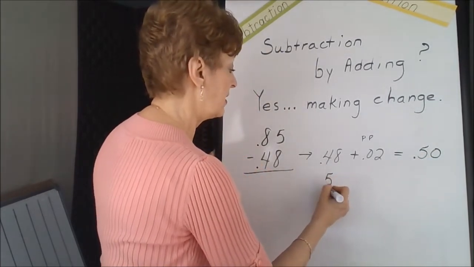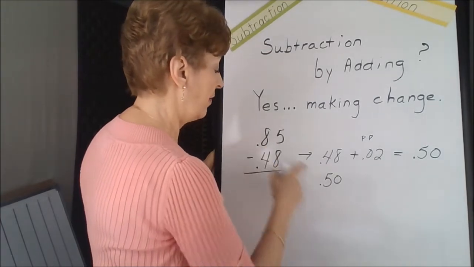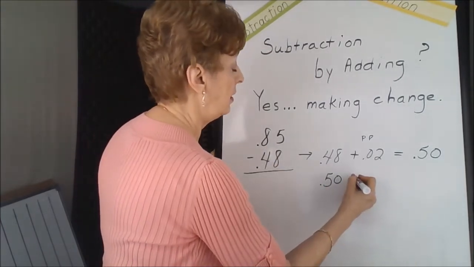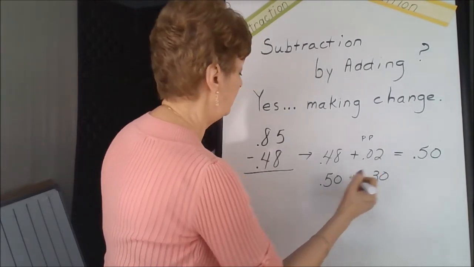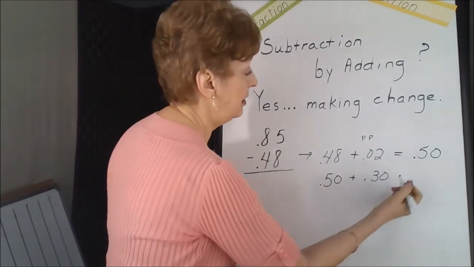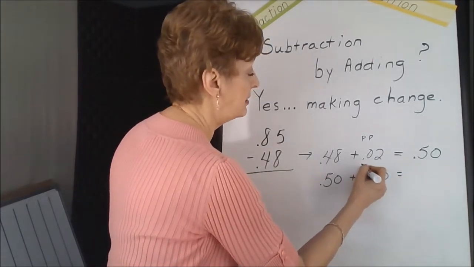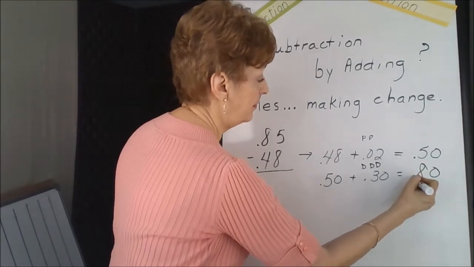Now our 50 cents is a whole lot easier to work with. To get to 85 from 50, perhaps your child will see this and, well, we need 30 because 50, 60, 70, 80 to get us to 80. That would be dime, dime, dime, and that would get us to 80 cents.